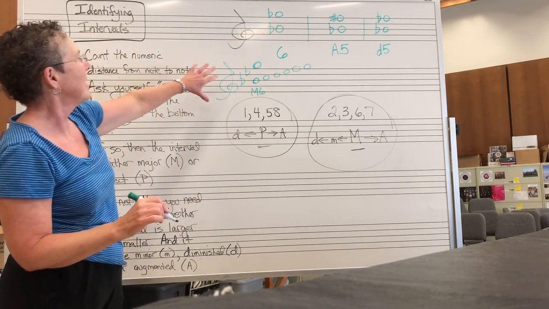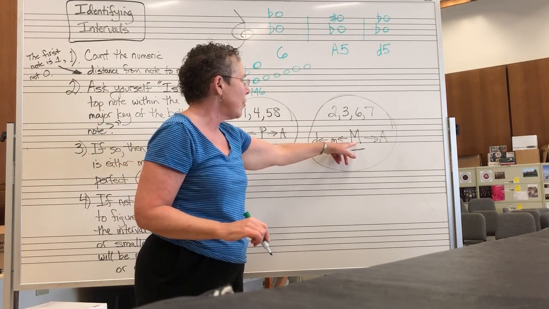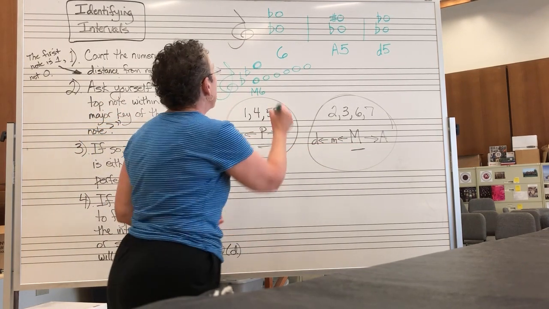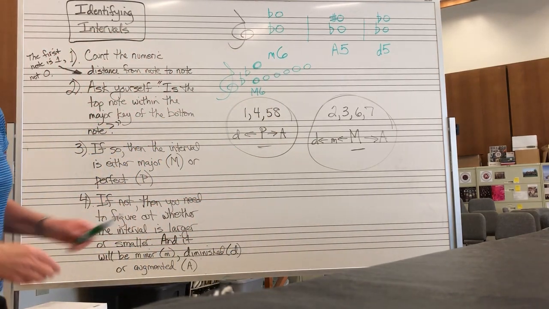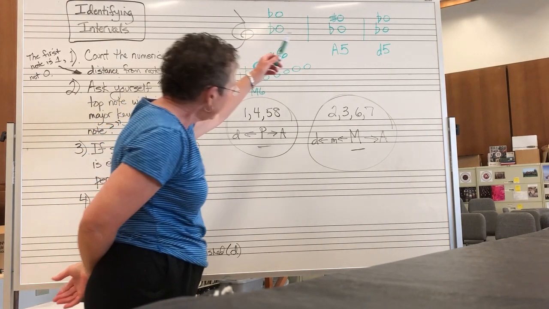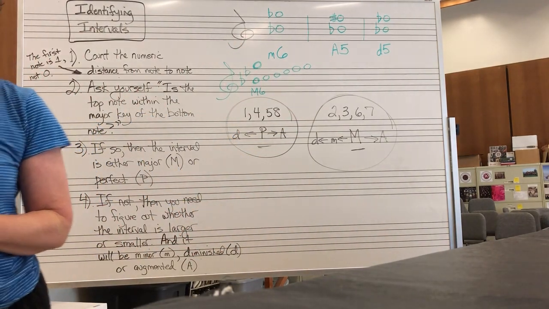But it's not. It's B flat to G flat. So it's not major, but minor. So a minor sixth and an augmented fifth are enharmonically equivalent.